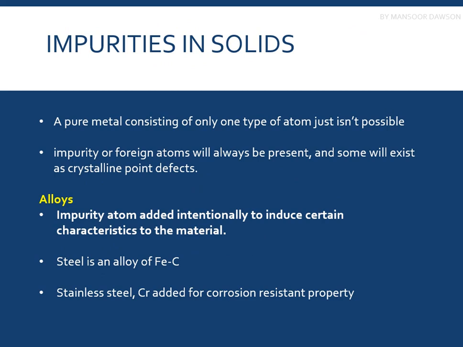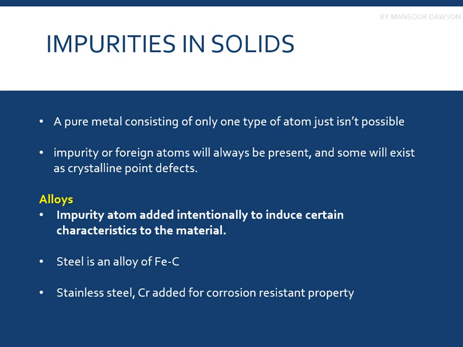Now, impurities in solids. The materials that are commercially produced are never pure. A pure metal is one consisting of only one type of atom, and that is not possible. Impurity or foreign atoms will always be present, and some will exist as crystalline point defects.